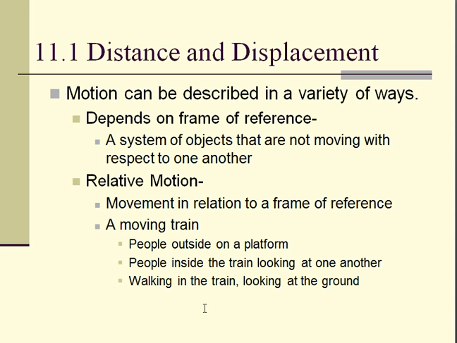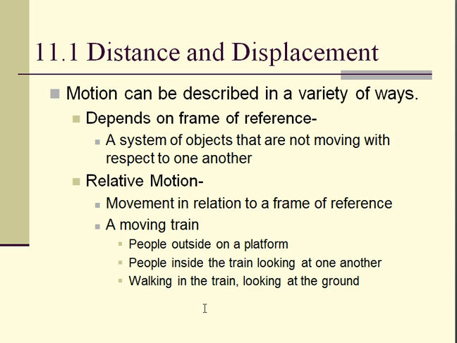When we are looking at how fast or how slow something's moving, it's really relative based on where you're located. So if you're on a platform and you're watching a train go by, it's going to look like it's going pretty fast, depending on how fast it's moving, but you're going to see it moving.